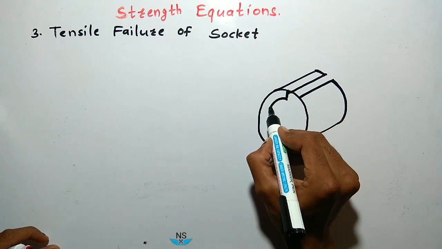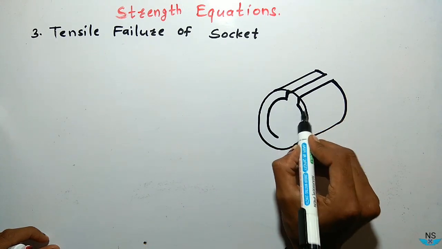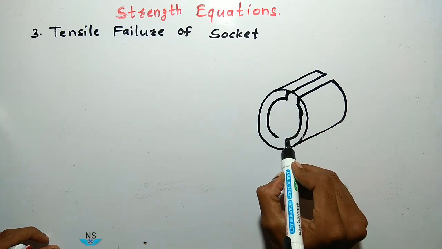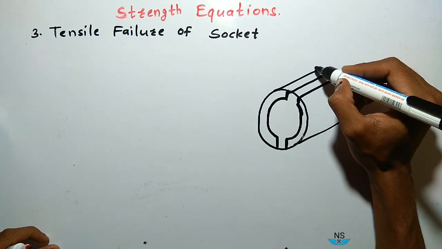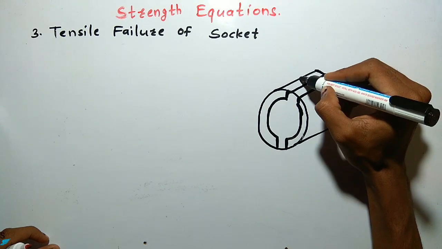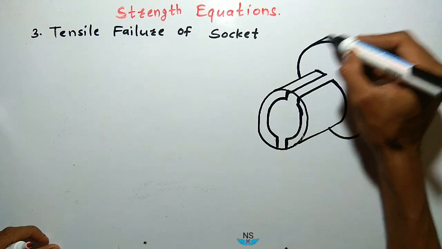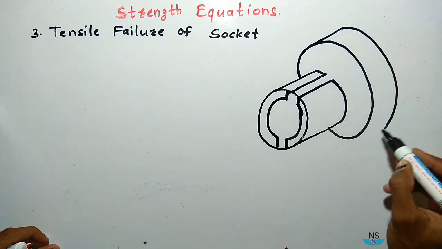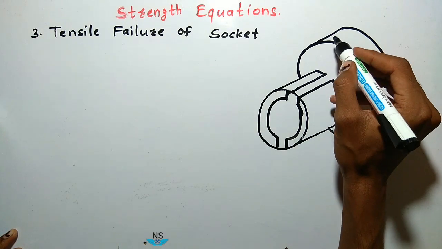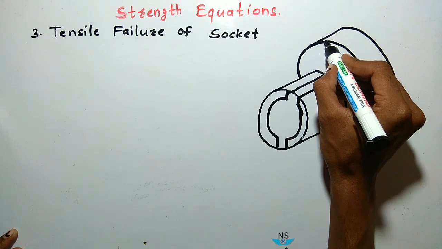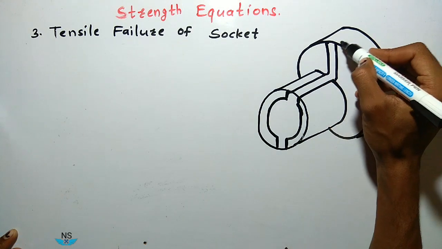Now socket is hollow, we know. Socket is hollow part. So it looks like this. I'm drawing 3D diagrams so that you can imagine easily the failure of component.